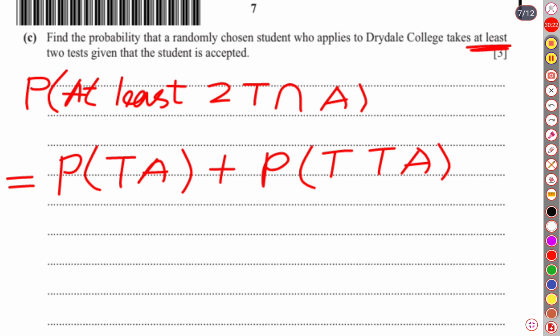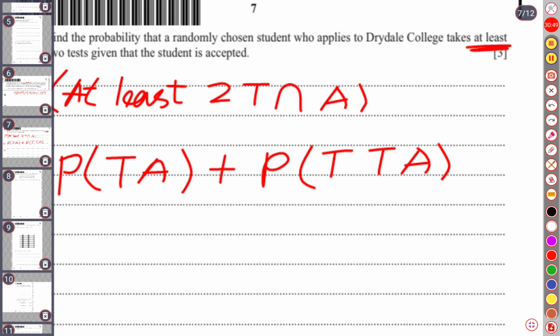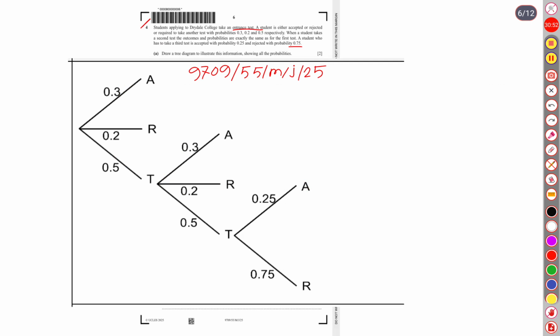Or if he has failed the first time, he was given a chance to take the test again, then he was given another chance, and then finally he was accepted. So what are the possible cases if the first one is T and A? From the previous page we can insert the information. Yes. First one is T.